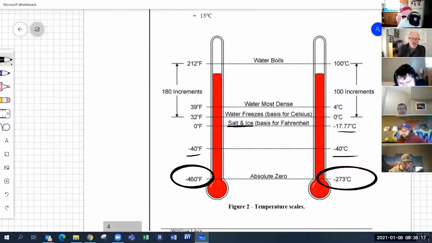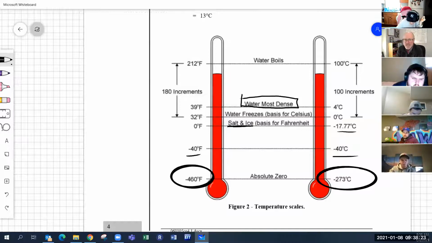But I want you to know this one here. Water is most dense at 39 degrees Fahrenheit or 4 degrees Celsius. That's a number that you should also know, that water is most dense.